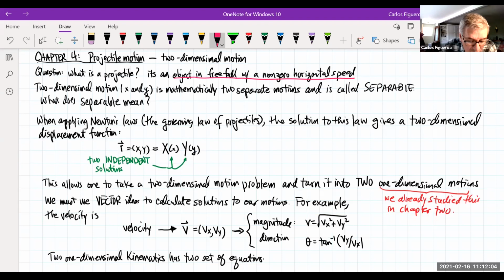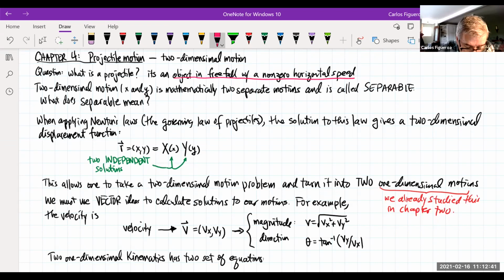So since we're talking about two-dimensional motion, that means in this case it's going to be x and y. It turns out that mathematically there are two separate motions. When we say there are two separate motions, we call this separable, and it's really a mathematical expression. What I mean is that Newton's laws, the governing laws of all of mechanics, in the case of projectiles give you a two-dimensional displacement function.